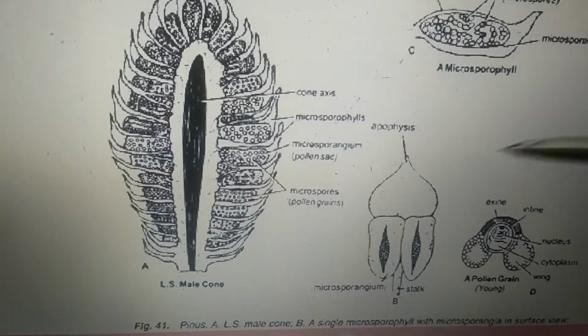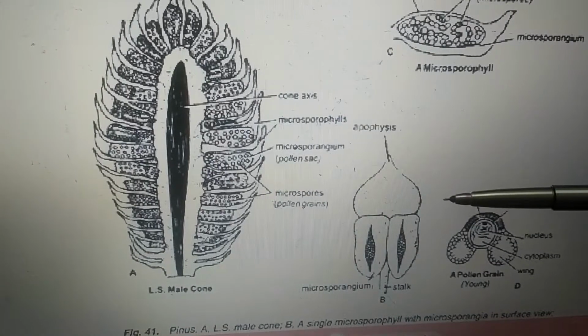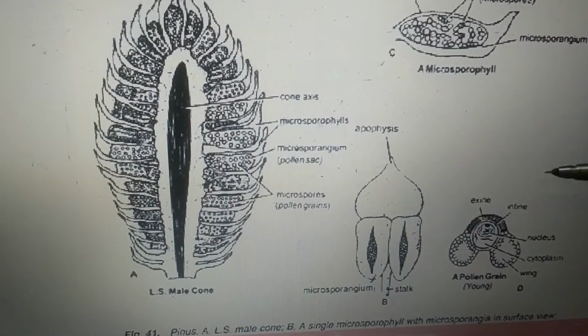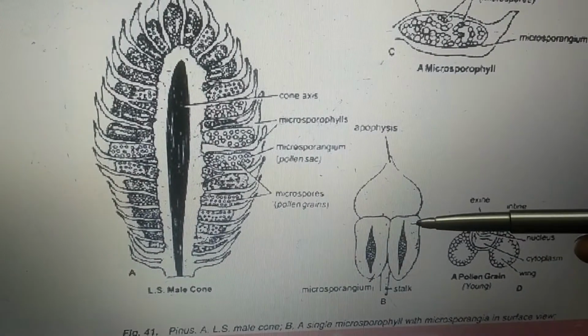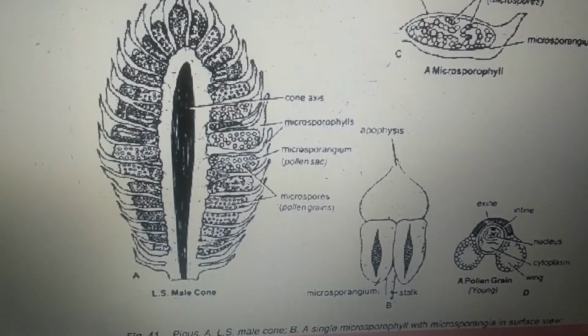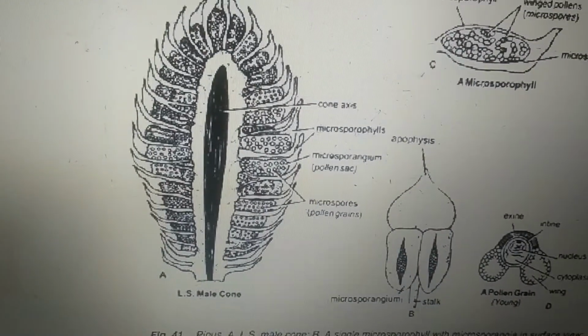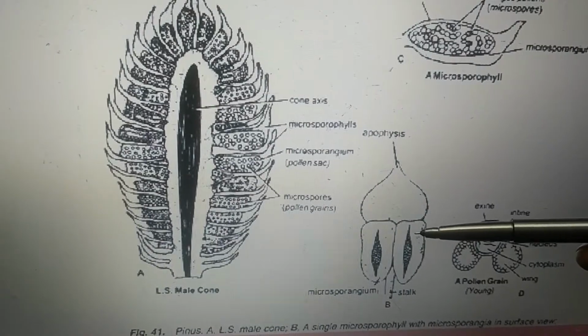And apart from this apophysis and a small stalk, what we have on the lower surface, that is on the ventral surface of the microsporophyll, are two sacs or two bag-like structures. These are called microsporangia, in which microspores are present. So we can call this a pollen sac.